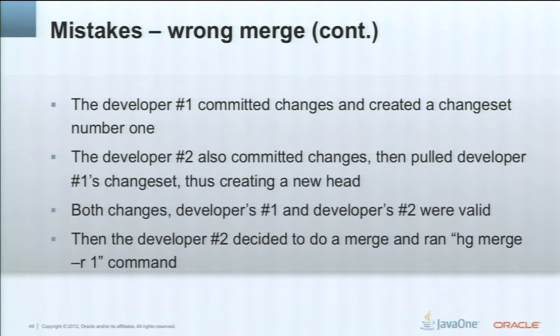Okay, after the commit, developer number 2 realized that developer number 1 already integrated his change into OpenJDK, and in this case, developer number 2 needs to pull the change set of developer number 1 into his local repository. Okay. And now developer number 2 sees in his development tree that there are two change sets, number 1 and change set number 2. And what developer number 2 is going to do is just merge the change sets.